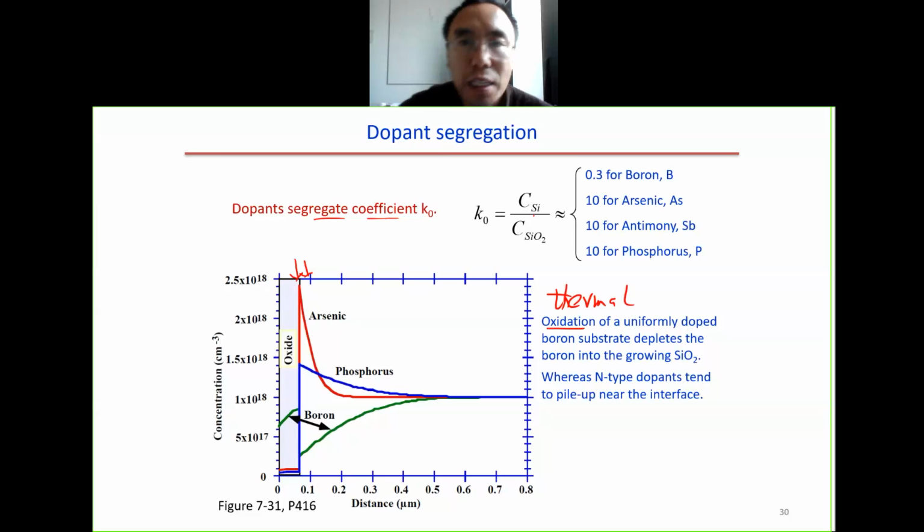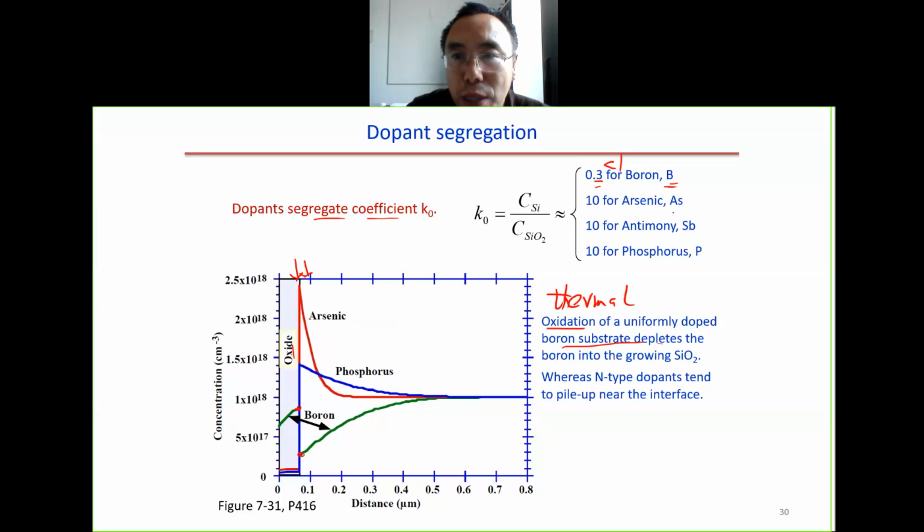It's defined as the dopant concentration in silicon over the dopant concentration in the oxide. For the chemical boron, this number is smaller than 1. You can see here the boron substrate depletes the boron into the growing silicon oxide. So the boron prefers to stay in the oxide. The ratio here is about 0.3.